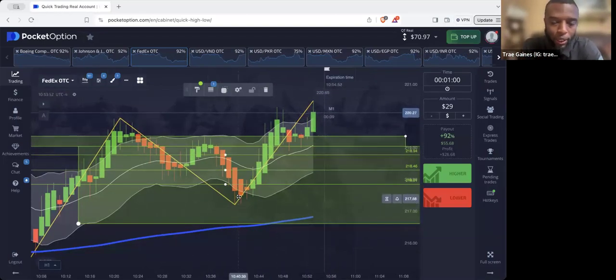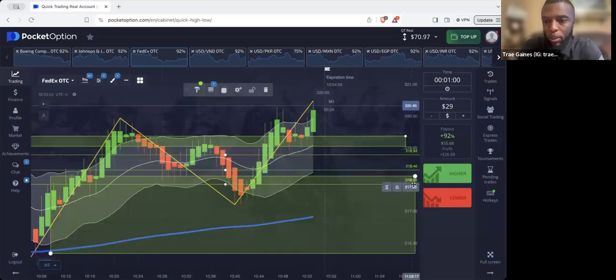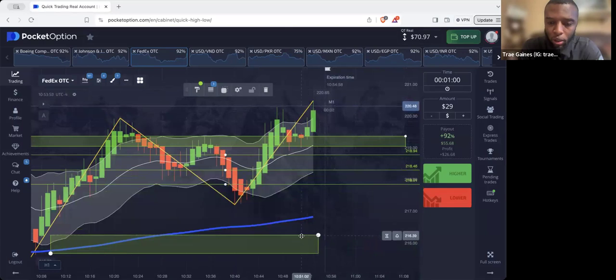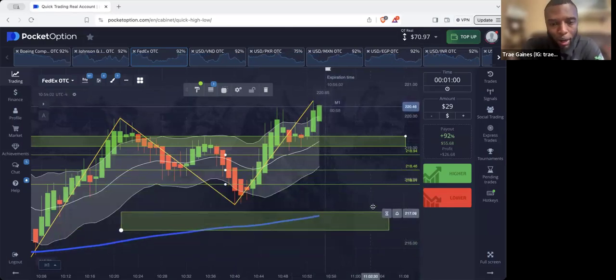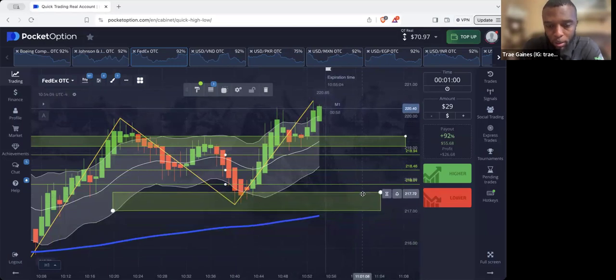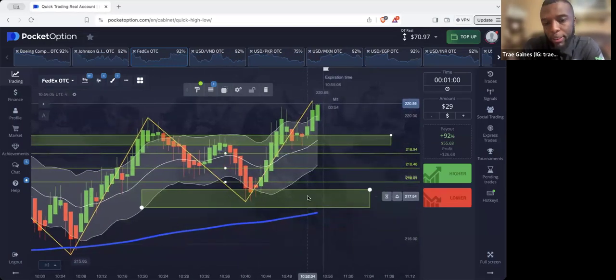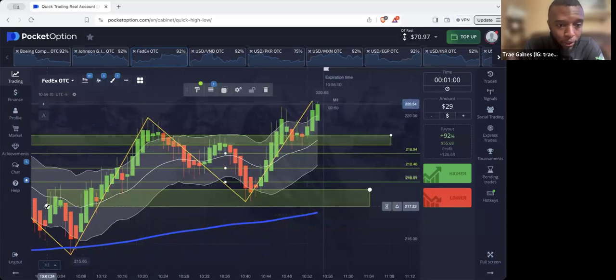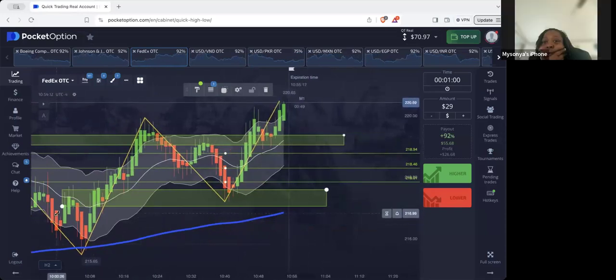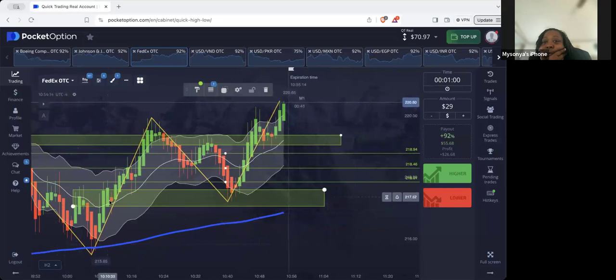So let's just say you want to just come to the chart and just get on the chart. Okay, I'm just gonna find a place with at least 3 to 4 wicks. All right, I got 3 to 4 wicks right here. Let me look left and see, is there a master candle in this area? And if I look to the left, not only is there one, there's two.